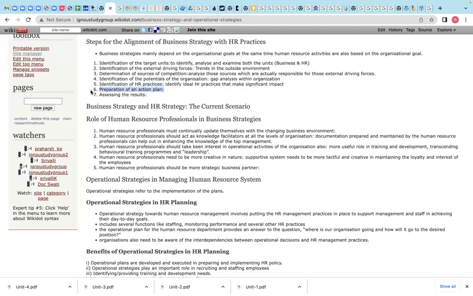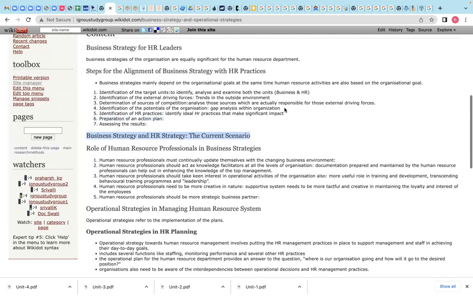Now, to make an impact, what should I do, right? And sixth, you need to prepare an action plan to actionize. And then last, you need to assess the results. Okay, so now we are going into the next section, which is the role of human resource professionals in business strategy.